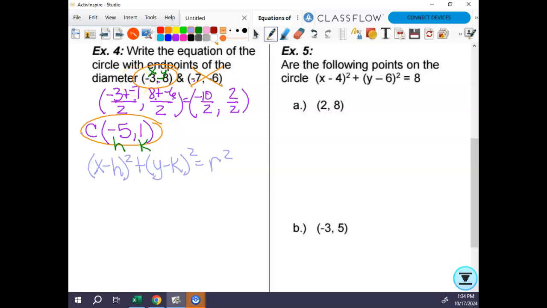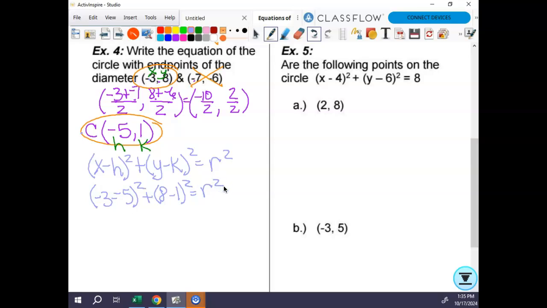So just like I did before, x minus h, so that's -3 minus a -5 squared. So many places to make a mistake with signs. Plus y minus, why did I put a y? I'm sorry. My actual y value, 8 minus 1, there we go, equals r squared.